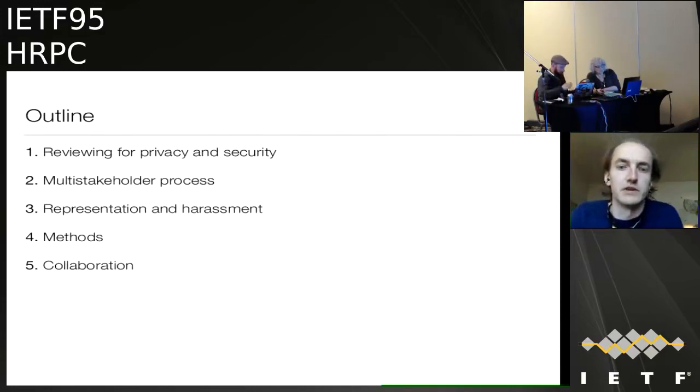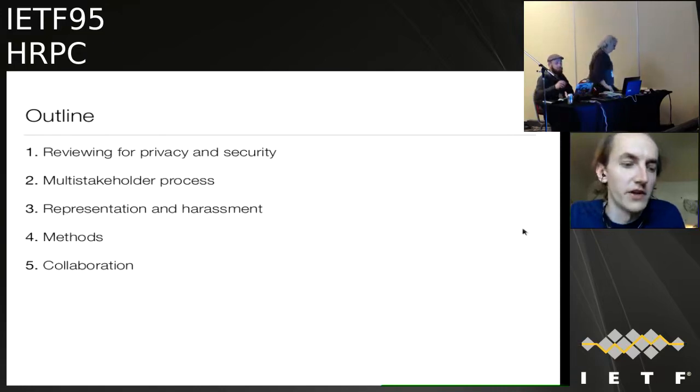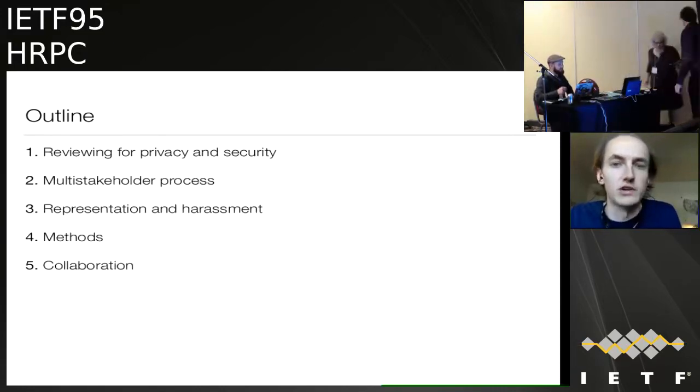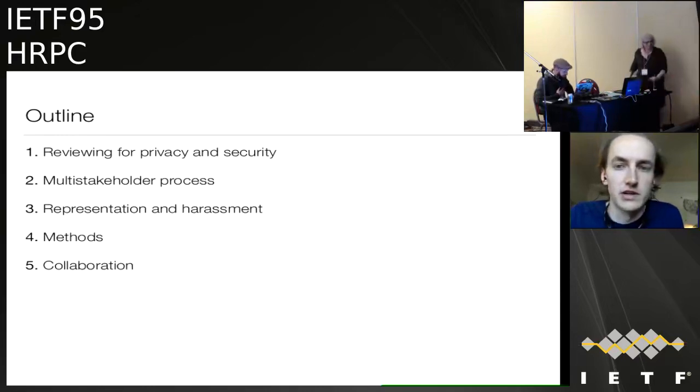The things I'd like to talk about, you can see in this outline, are some of the work we've done researching and reviewing for privacy and security in internet and web standards. In addition, some of the research about the actual process, the organizational theory behind the multi-stakeholder process. In addition to those results and how they can be applicable to other human rights considerations, there are a couple other human rights issues that I'd like us to start looking at, and maybe the internationalization talk has already got us thinking about that.